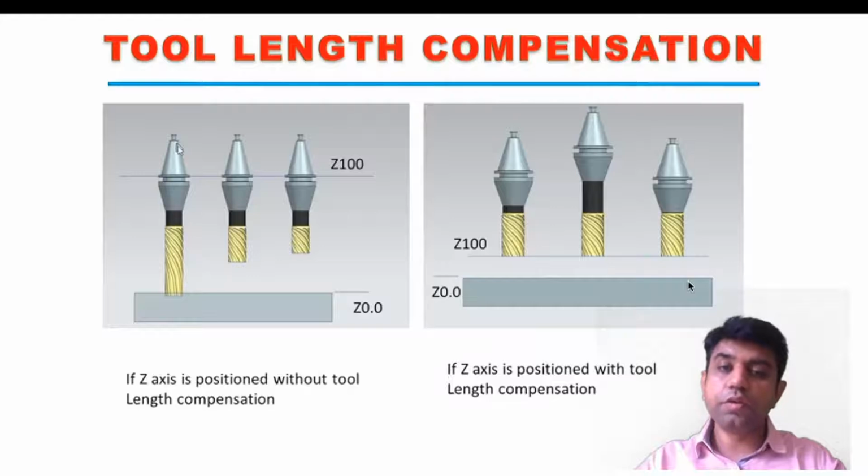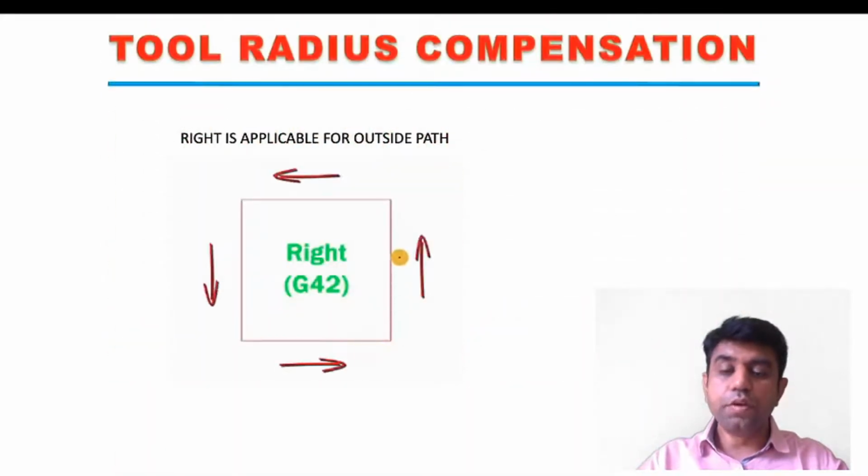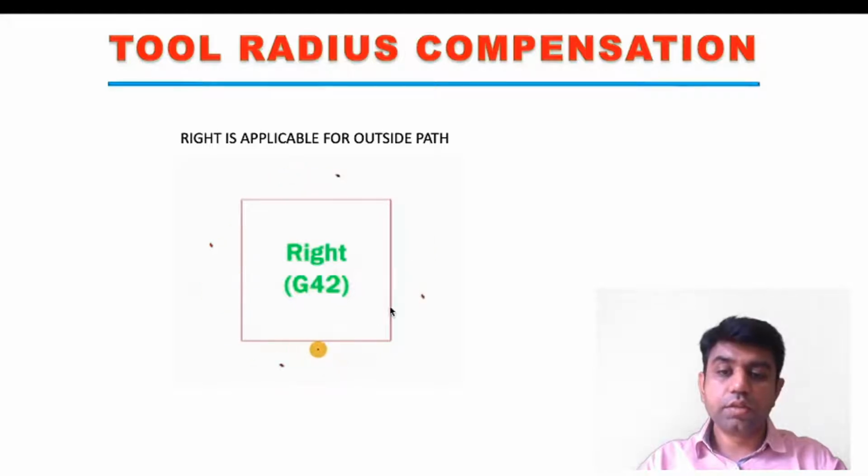So it is required to give this tool length compensation in the case of milling machine, as the different tool lengths vary. One more data we need to input is the tool radius compensation. Talking about milling, whenever we are doing any surface milling operation with the help of an end milling cutter, there arise two different cases.